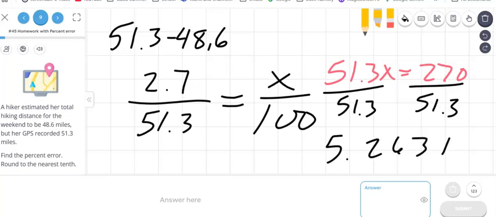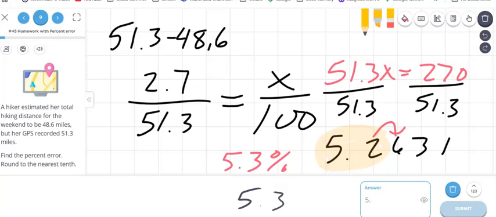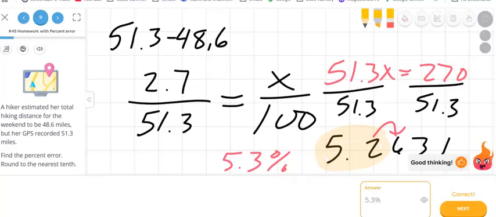It keeps going. Round to the nearest tenth. So the nearest tenth is 5.2. But we got to round it. So 5.3%. See if that works. Alright, so it's 5.3% when you round it.